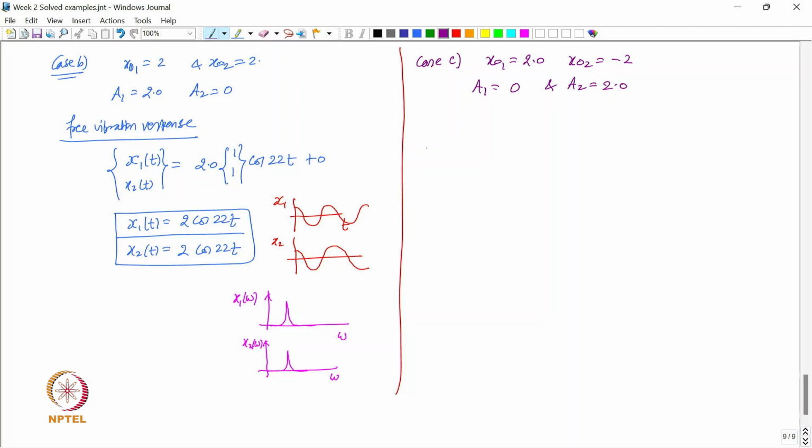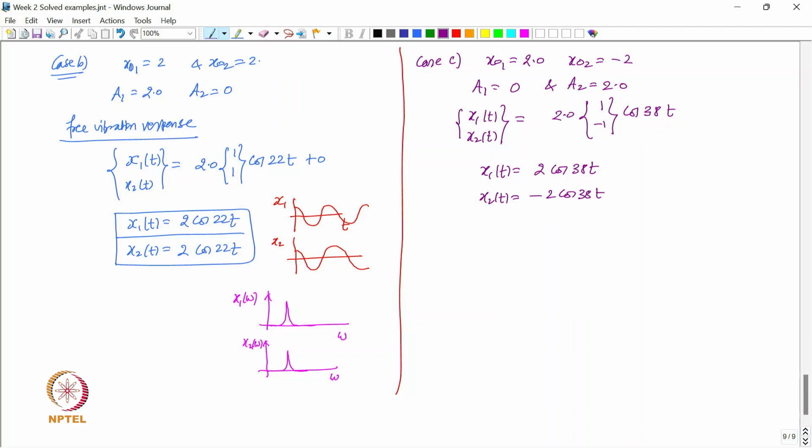Then if you go through this whole process again and write down the response for the two masses, A1 is 0, A2 is 2, the second eigenvector is 1, minus 1, and the frequency is 38t. So x1(t) is equal to 2 cos 38t, and x2(t) is equal to minus 2 cos 38t.